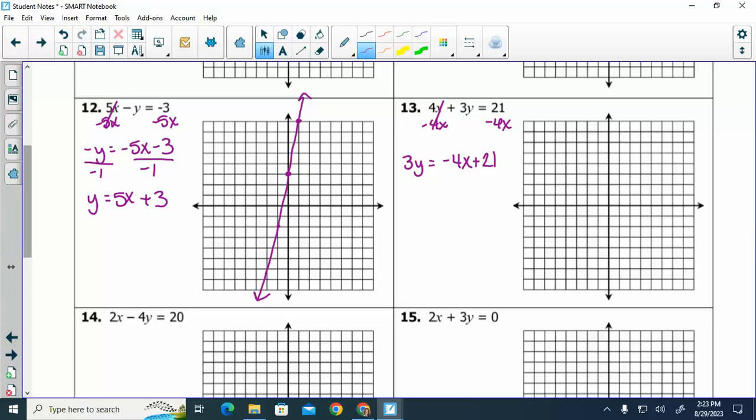And then, so we get y equals negative 4 over 3 x, plus... Y-intercept is 7. And then we can go down 4, right?